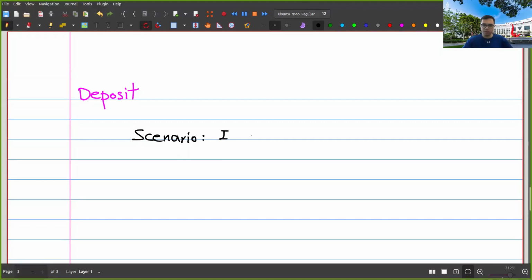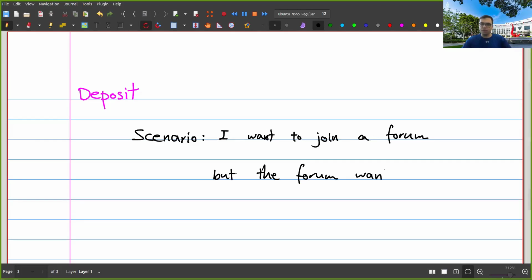Okay, so I want to join some website, or some page on Reddit, or let's say a forum, but the forum wants to avoid scammers or spammers, sorry. So it wants to make sure that there is a cost to join.